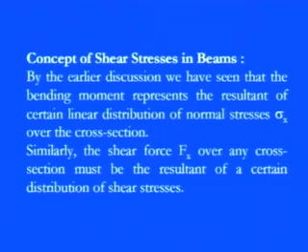Similarly, the shear force F over any cross section must be the resultant of a certain distribution of shear stresses, because whenever shearing is there, it always induces shearing stresses, which come along with the bending stresses, and our main focus is on that only.